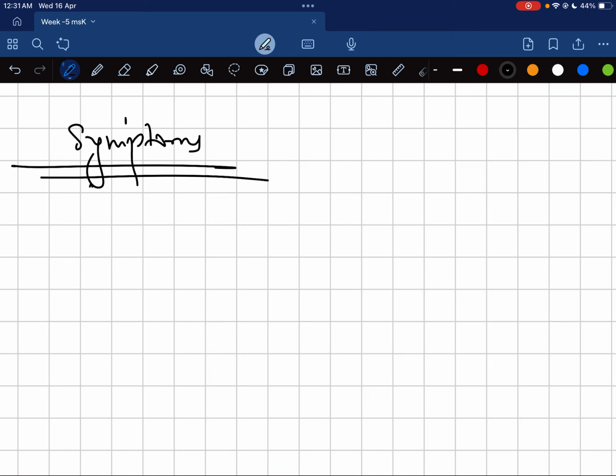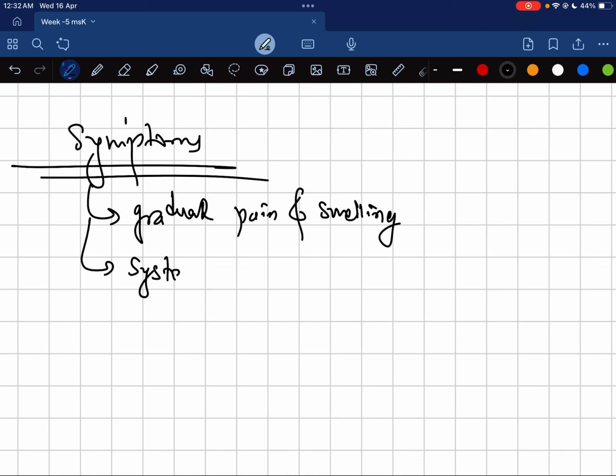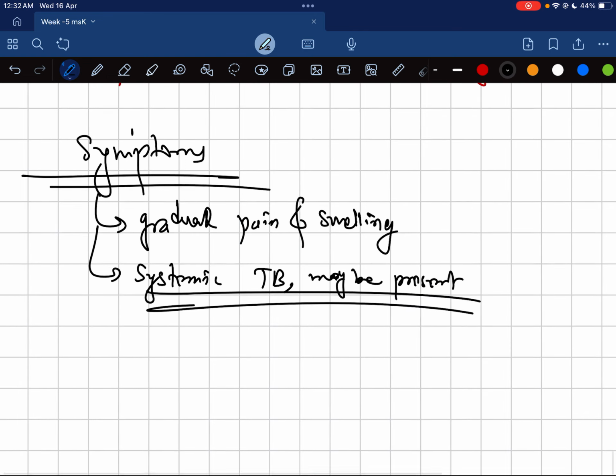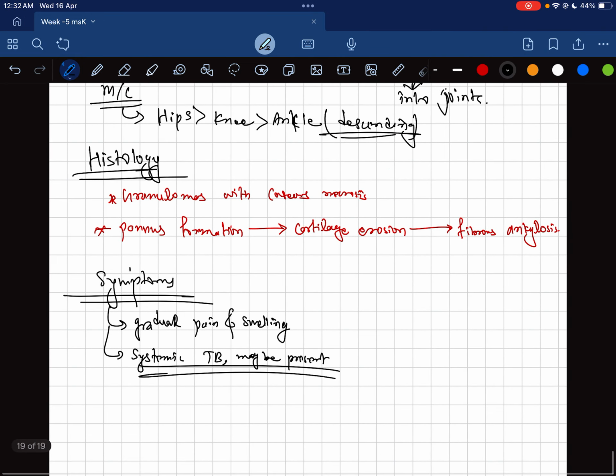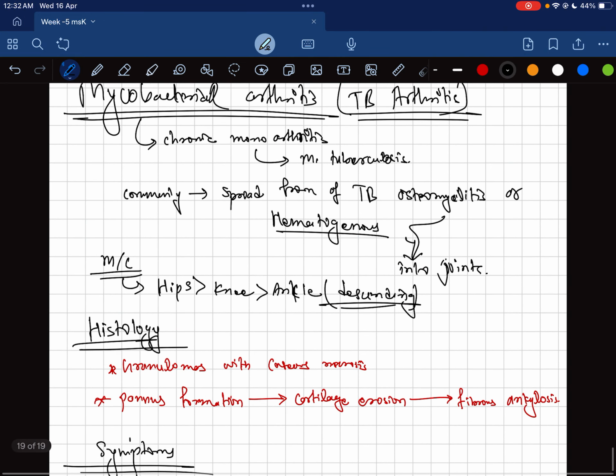There is gradual pain and swelling, and also systemic TB signs may be present. This is regarding mycobacterial arthritis.